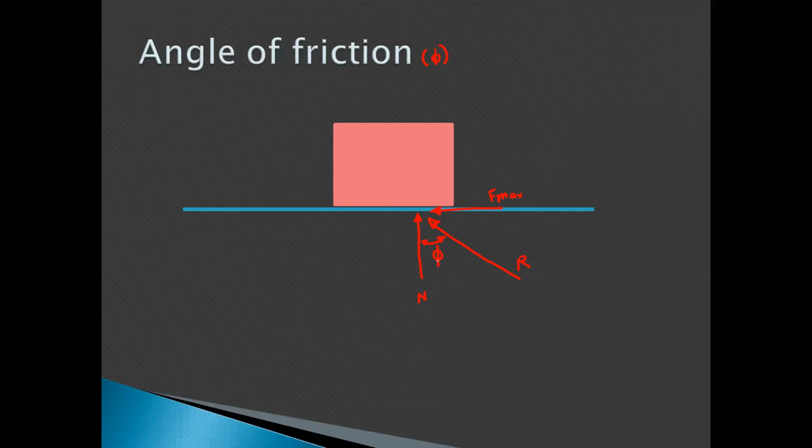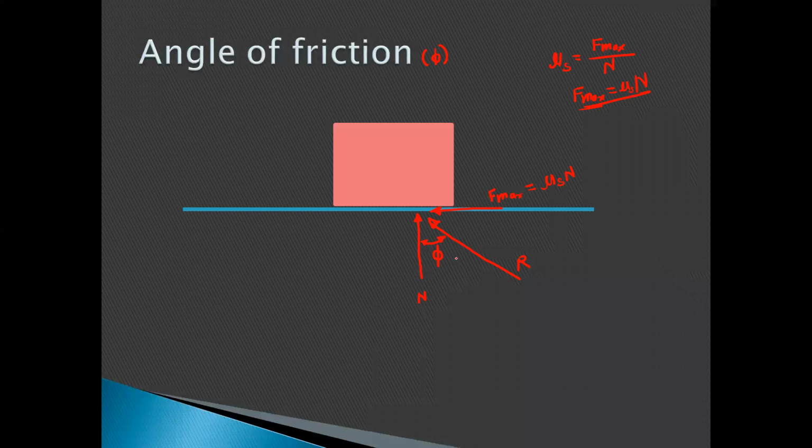So from the angle of friction, you can find directly the coefficient of static friction. We know F max is equal to mu s into normal reaction. Or the coefficient of static friction, from the definition, is equal to limiting frictional force F max upon normal reaction. So from this we can write F max is equal to mu s into normal reaction.